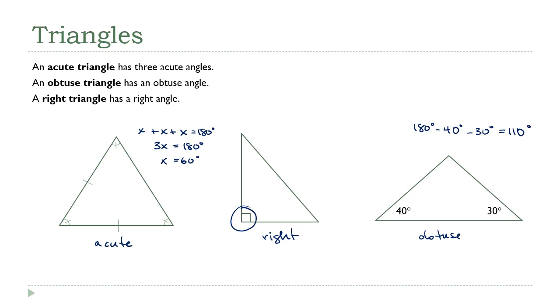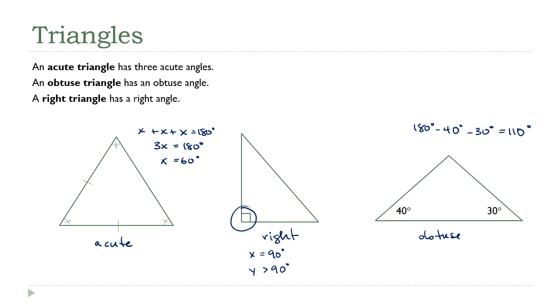Now, you may have noticed that there are some combinations that didn't get included there. For example, is it possible to have a right obtuse triangle, right? A triangle that has both a right angle and an obtuse angle? Well, that can't happen, right? Because a right triangle means one of the angles is 90 degrees, and the obtuse angle has to be greater than 90 degrees.